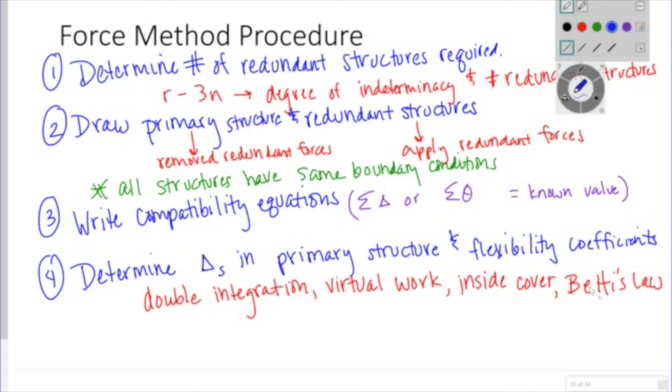Right? Finally, you calculate your redundant forces.